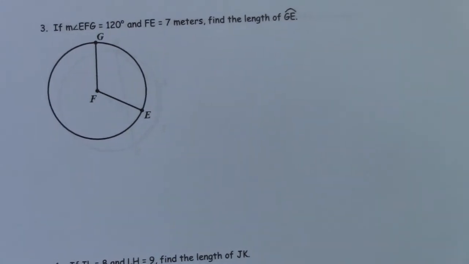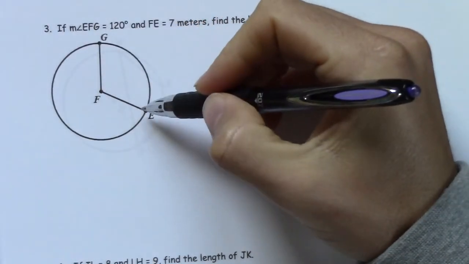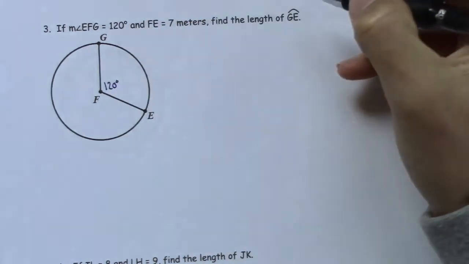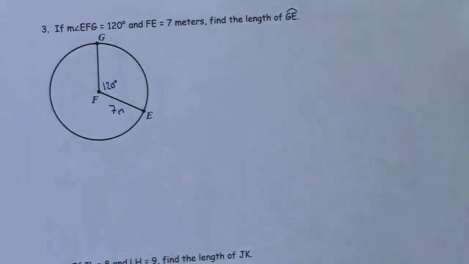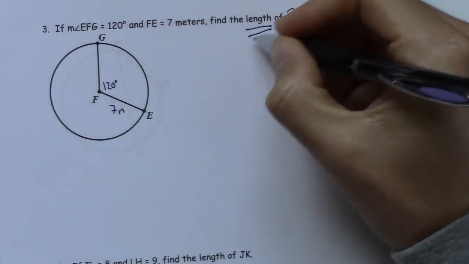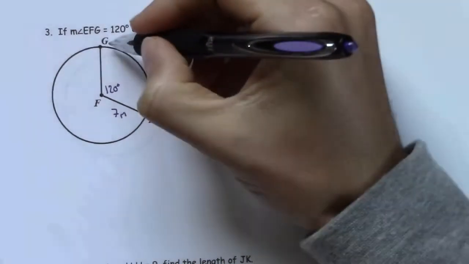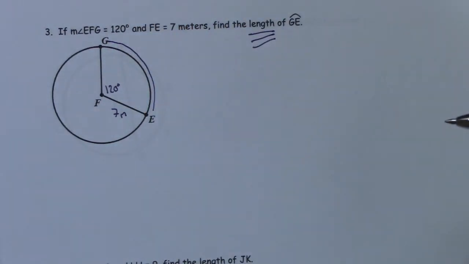So, moving right along to part 3, we are told that arc FG is 120 degrees. We are also told that FE is 7 meters, and we are asked to find the length. Notice that it says length. This means we want to know the actual measurable distance from G to E. And so our blueprint for that was this.